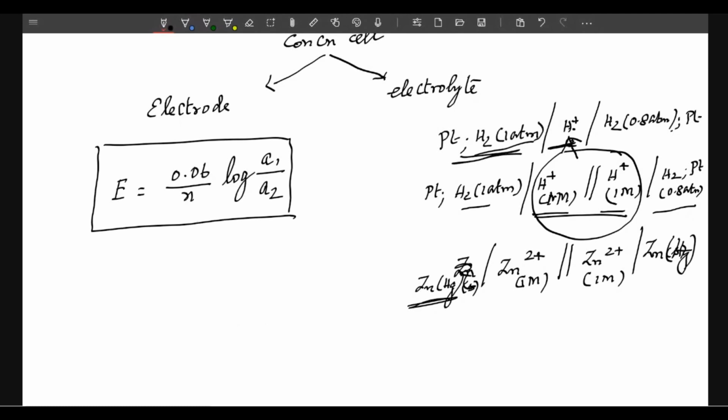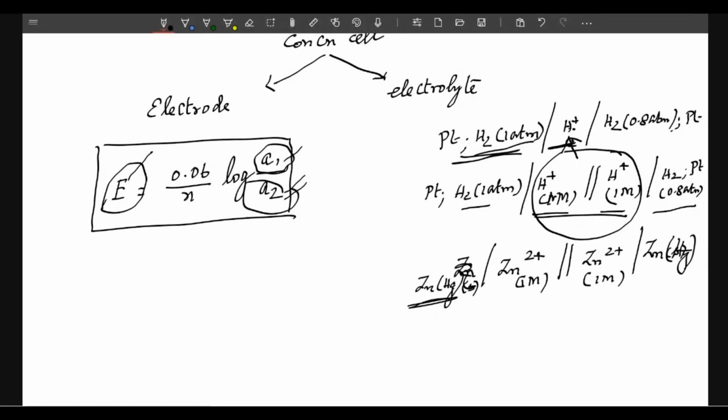And making use of this, if two activities are given, you may be asked to calculate the concentration cell EMF. Or in some cases, this concentration cell EMF would be given, and any one activity would be given, A1 is given, then you may be asked to calculate A2, or A2 may be given, you may be asked to calculate A1.